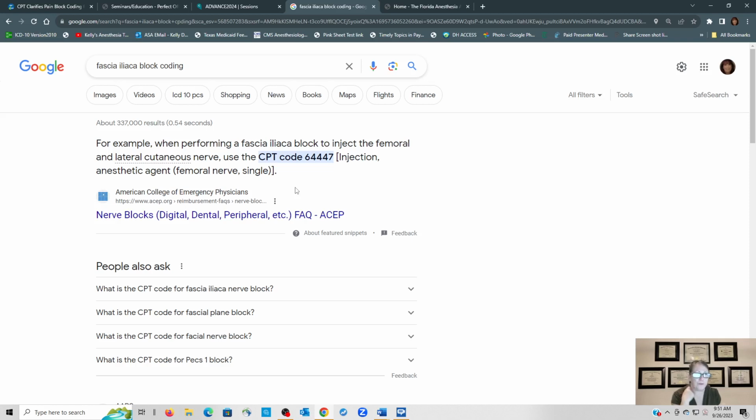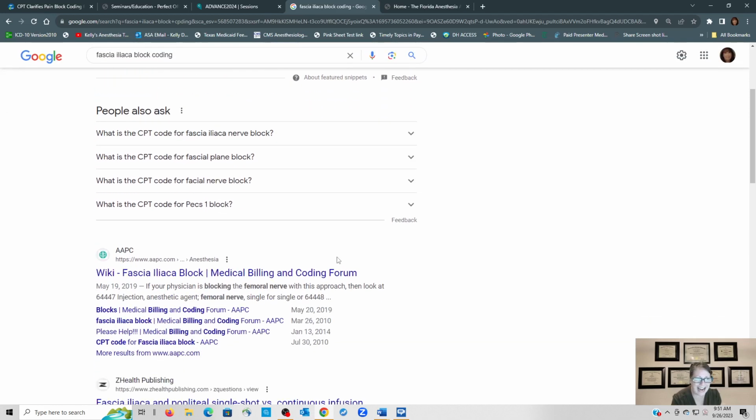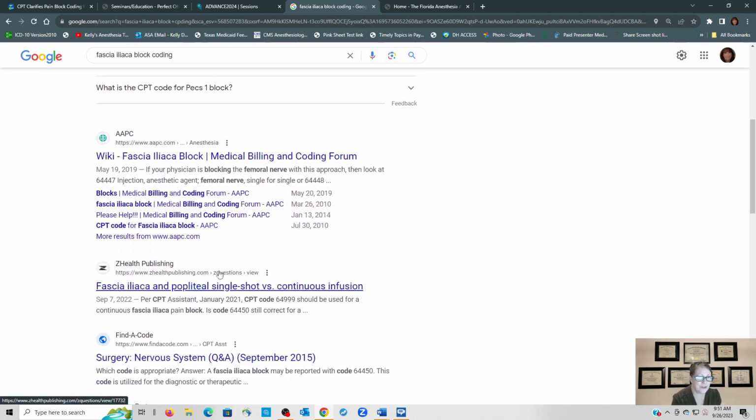Planar blocks include the fascia iliaca, but I'm going to share this with you. So let's pull down, because I want to show you there are so many different things that you see, but here's a good one. Z Health Publishing, they're resourcing, not for this one.